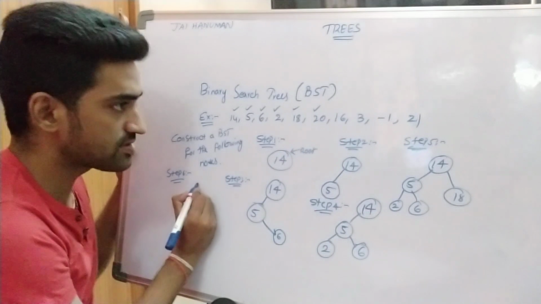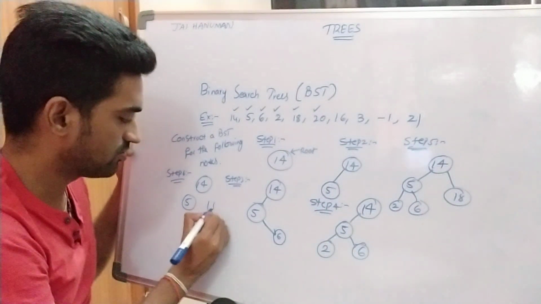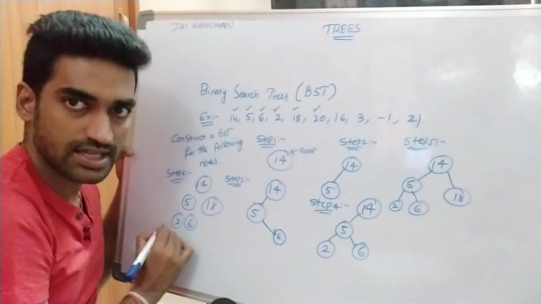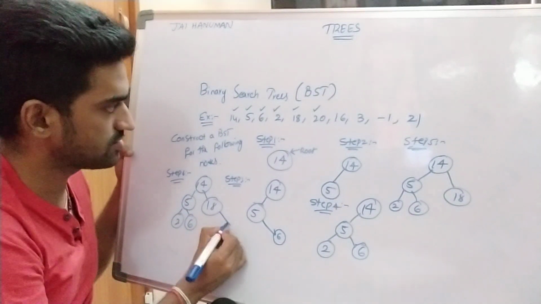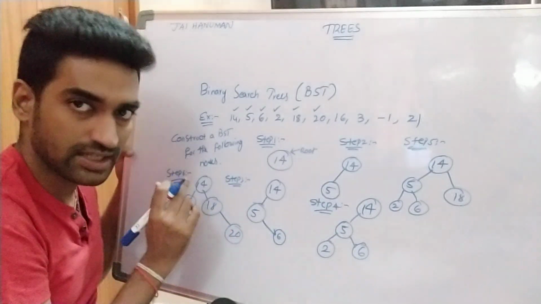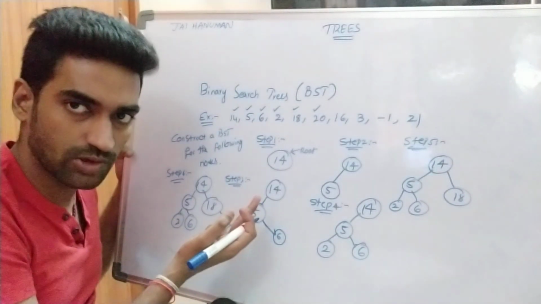Right? Now the tree becomes 14, 5, 18, 2, 6. So here this is 20. First of all we are comparing 14 to 20. That is a greater value, so we can insert at the right subtree only.